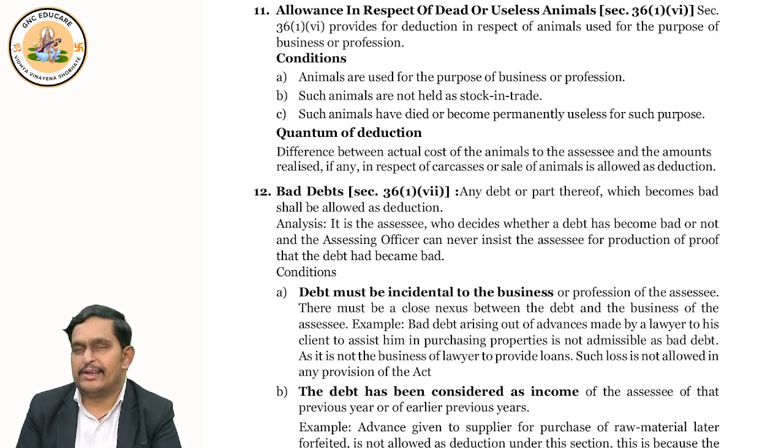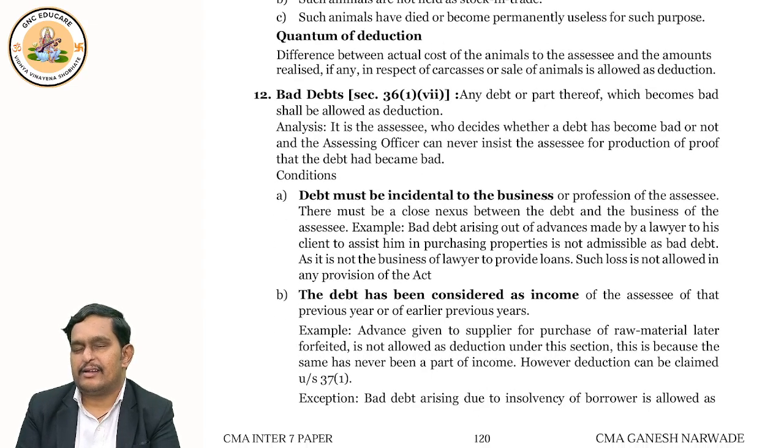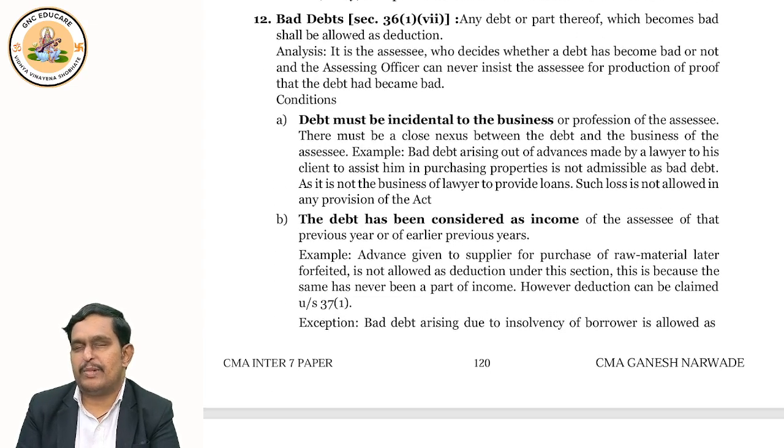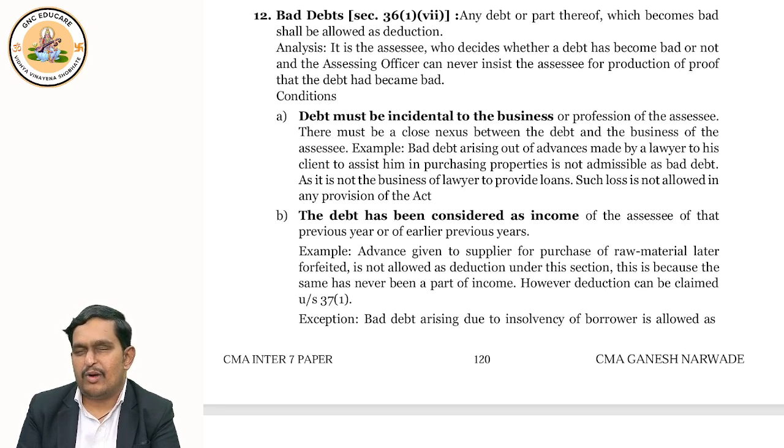When you do business, you give credit to customers, correct? You will sell goods on credit to customers. The customers most of the time will pay the money to you, maybe on time or a little late. But there may be some customers who don't pay at all. One year over, two years over, they did not pay.